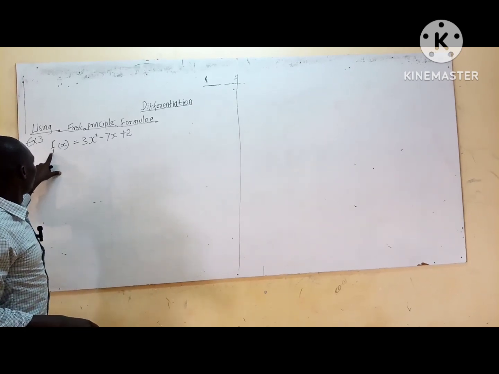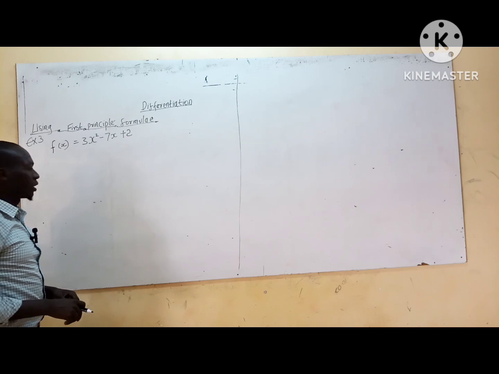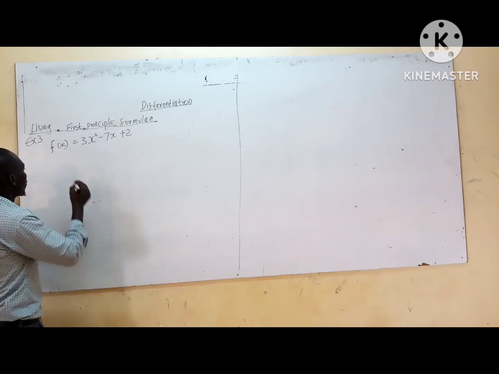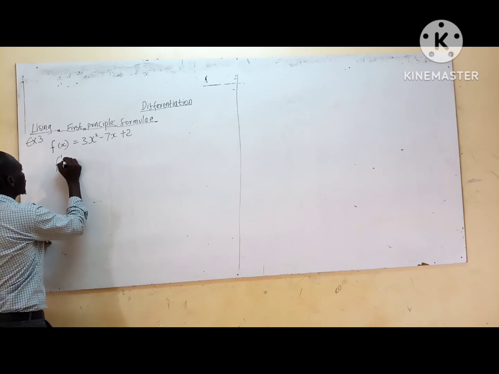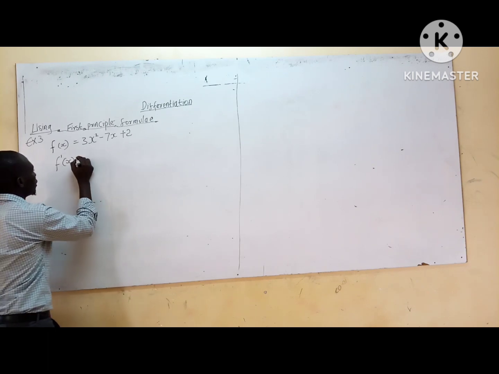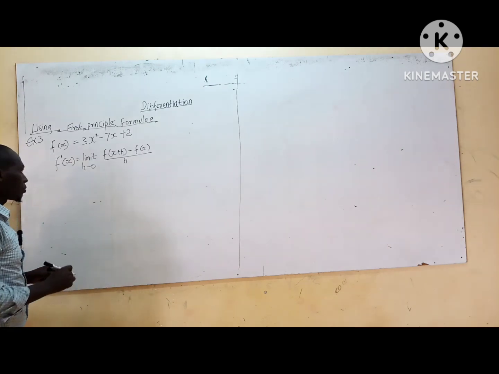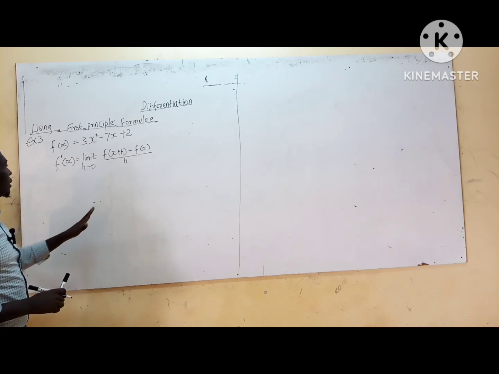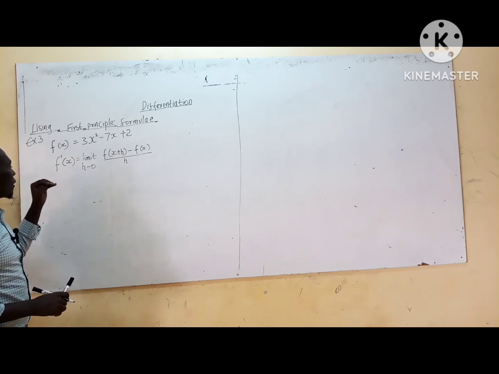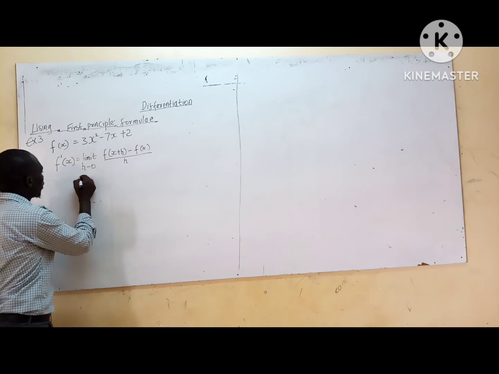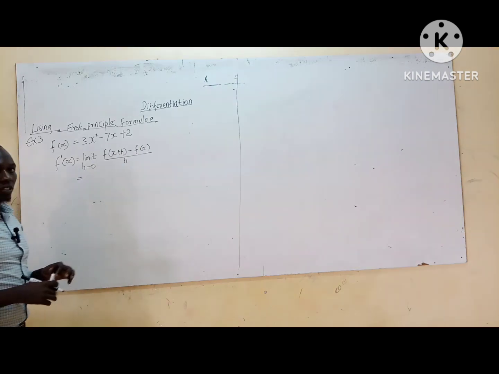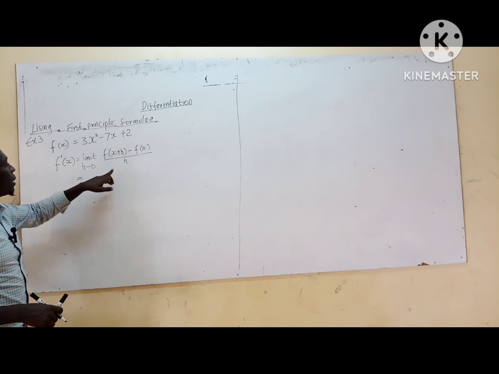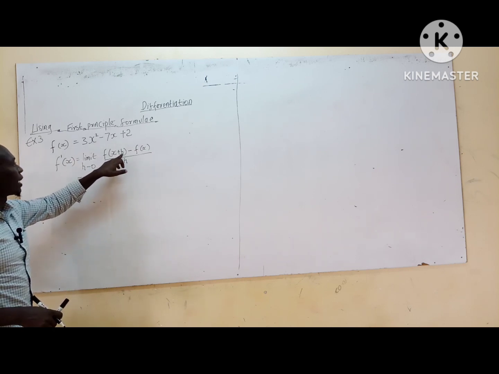This is now our example 3. And in our example 3, the formula goes by the derivative of a function of x is equal to the limit as h approaches 0. After understanding the formula, in our second step, whenever we have x, we replace it with x plus h.